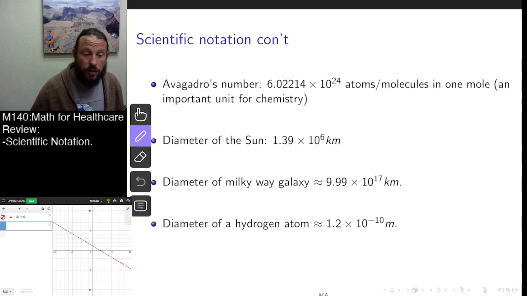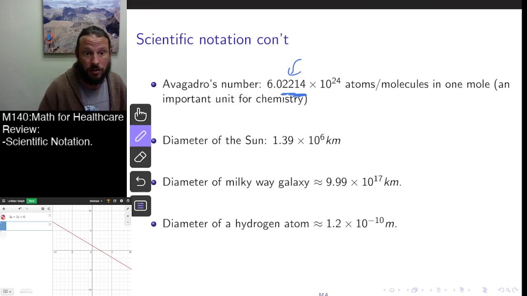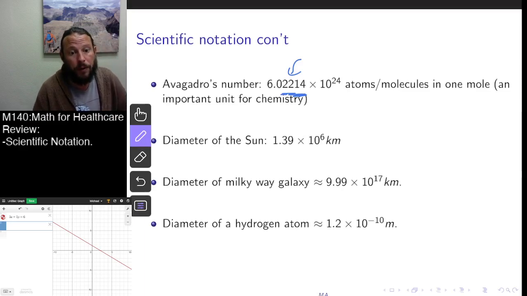And here, notice we have this 0.02214. These numbers in the decimal may not seem important, but remember, this is multiplied by 10 to the 24th. So these actually represent very large numbers, those two added to the 6. So they are important and they're good to put on there when we need to.